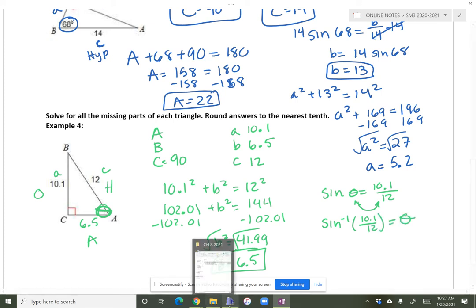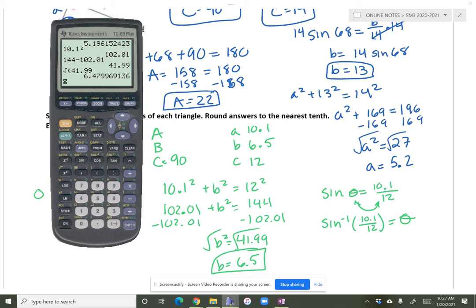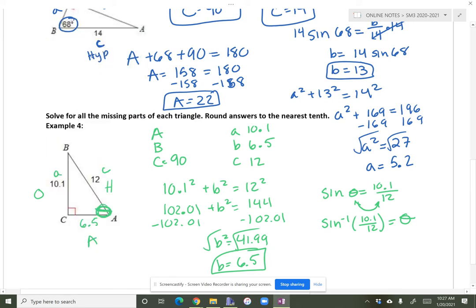So then I grab my calculator, go second sine, make sure it has that -1 on there that says it's the inverse. I'm going to go 10.1 divided by 12, and I get 57.31, so I'm going to say 57.3. So that theta A equals 57.3.